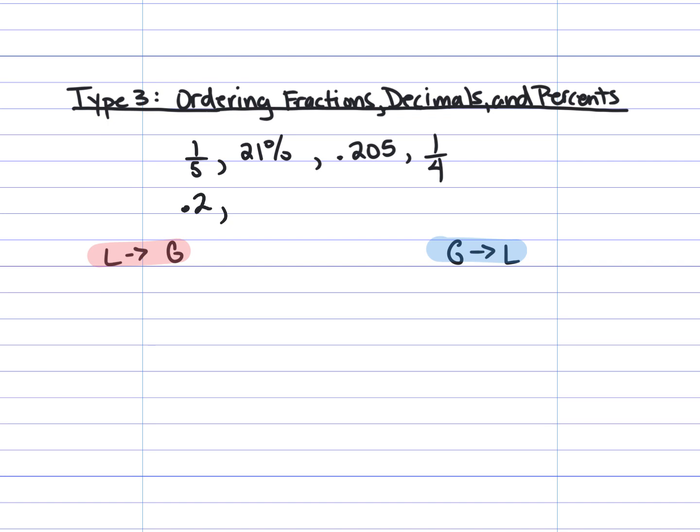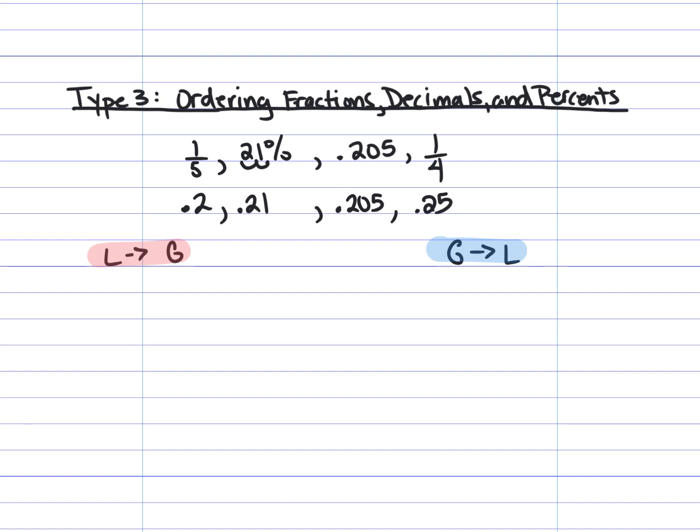I remember from my other video that when converting from a percent to a decimal, I just divide by 100. And all you have to do when you divide by 100 is move the decimal 2 to the left. So this is going to be 0.21. Let's see, this one's already a decimal, so I don't have to do anything. And if I divide 1 by 4 on my calculator, I get 0.25.